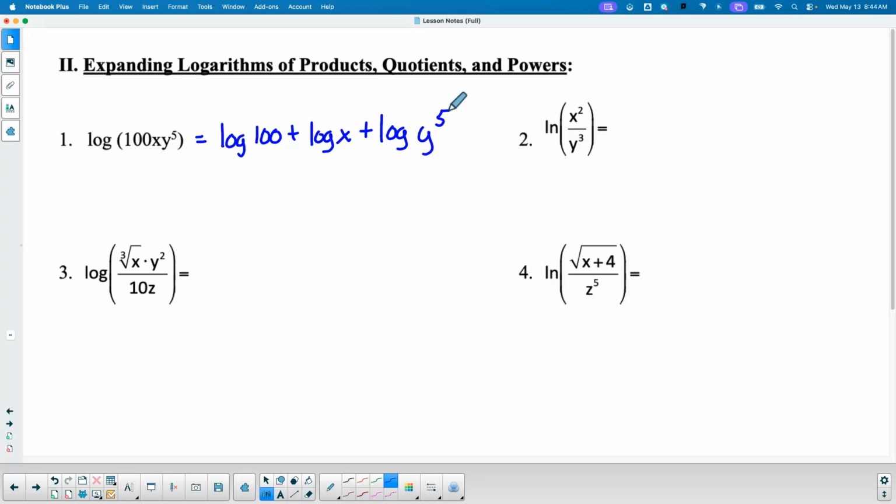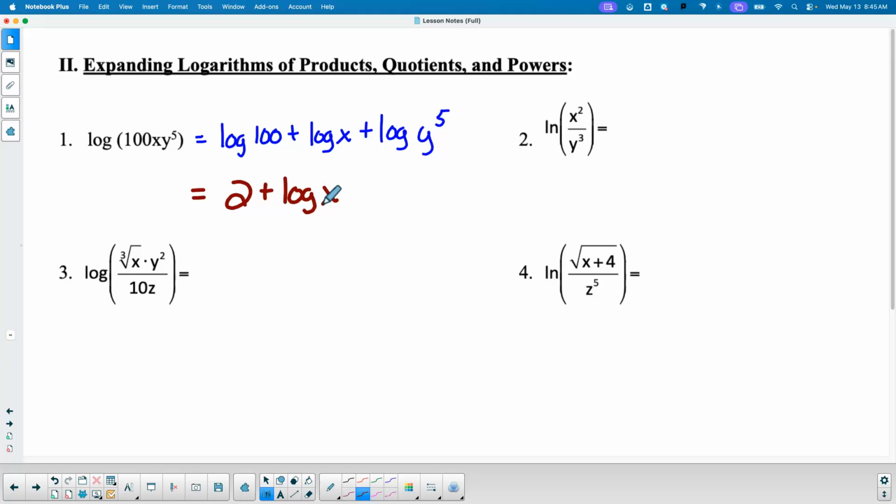Do I like that? What do I like instead? 2. I just like 2 there instead. Okay? Log of x. Do I like that one? Yep, I like that one. Log of y to the 5th. Do I like that one?